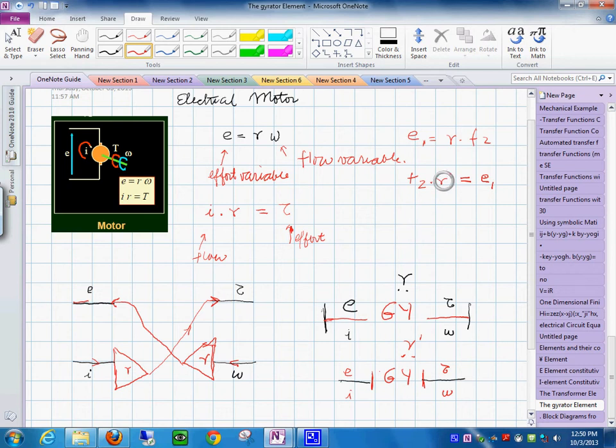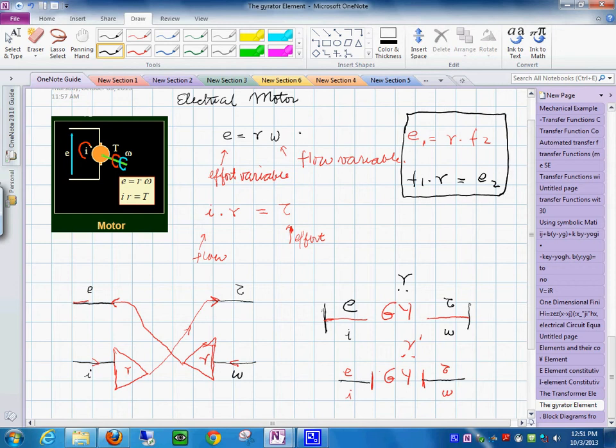We just wrote the same equation, and that's not my intent. Sorry about that, let's just do it here. On this one we have F1. F1 times R is equal to E2. There you go. These two equations are in bond graph notation, and those two equations will have this representation.